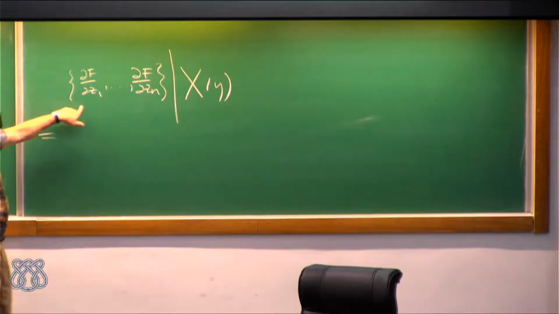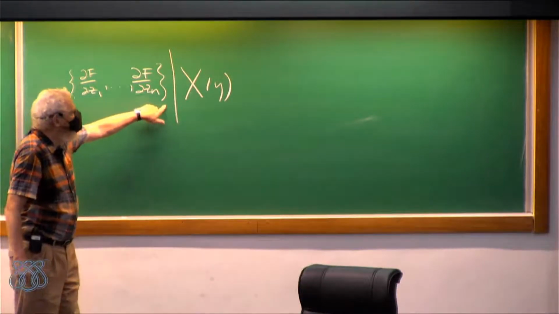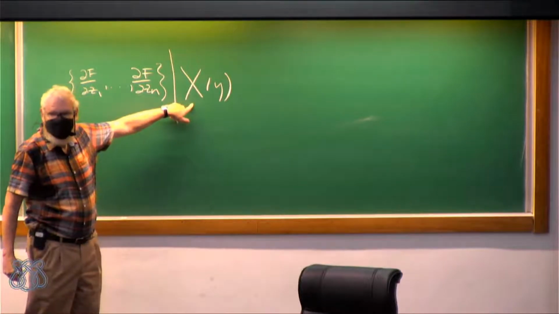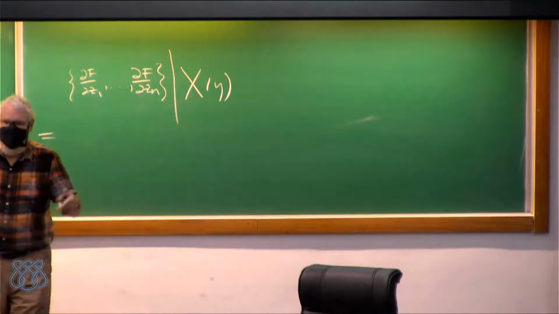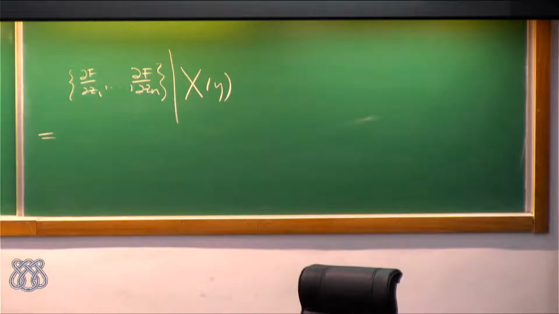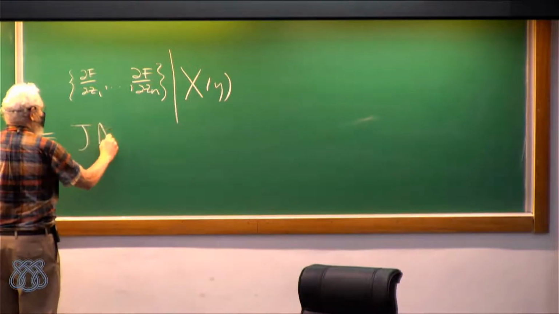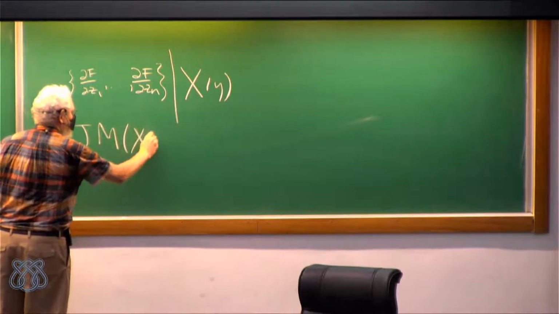What is this module, which lives in the total space, turned into when you restrict it to x of y? It's just the Jacobian module of xy.